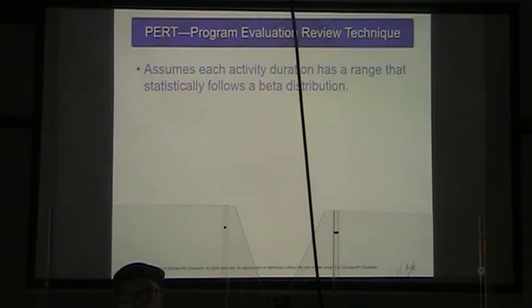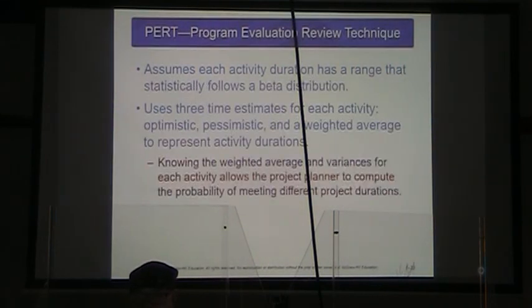Once again, it assumes that our activity durations are not fixed by the heavens, but can be changeable depending on different assumptions, right? They're saying it follows a beta distribution. I've also seen people describe this as having a triangular distribution.